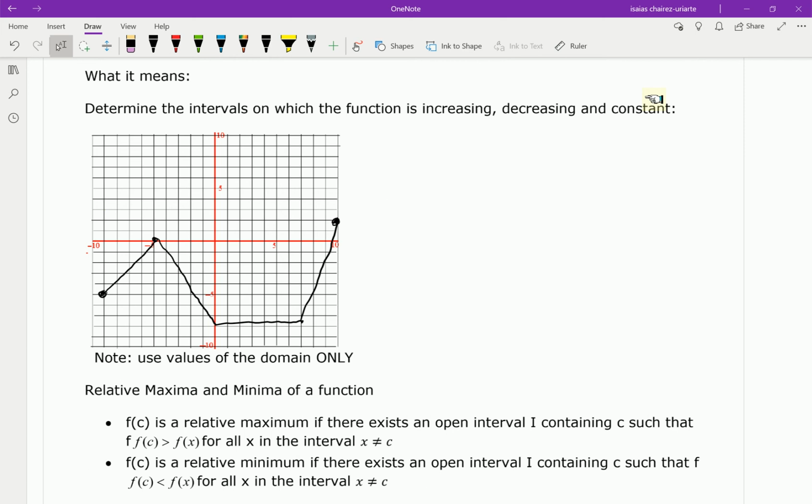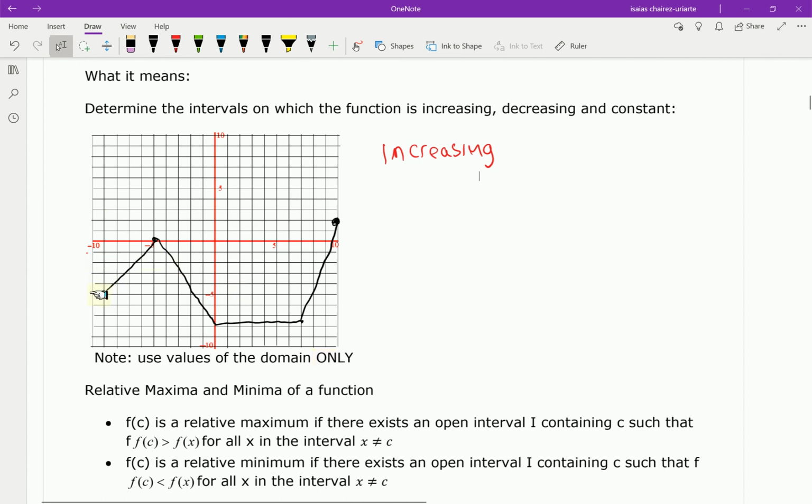All right, let me begin with increasing. Where is my function increasing? Well, intuitively, we know what increasing looks like. I would say it's increasing right there, and it's increasing right there. Pay attention: in order to describe these intervals, we need values of the domain only, so we're dealing with x values only, not y values.